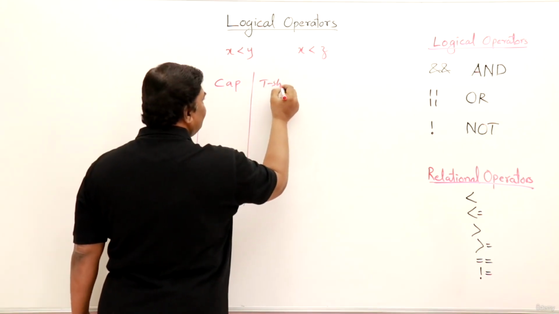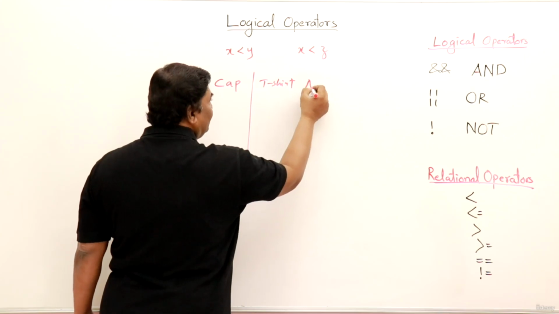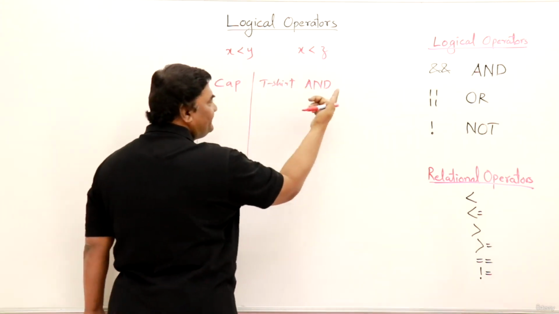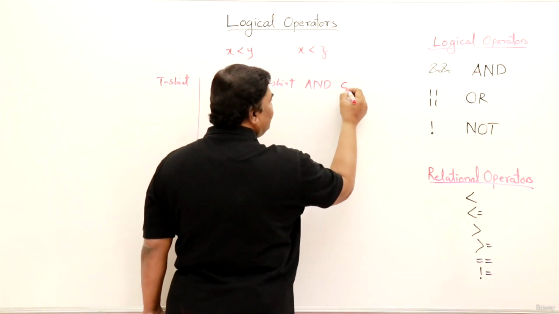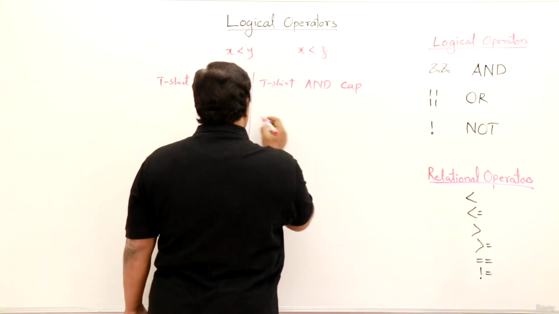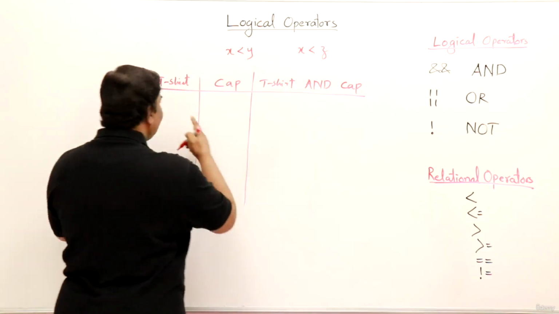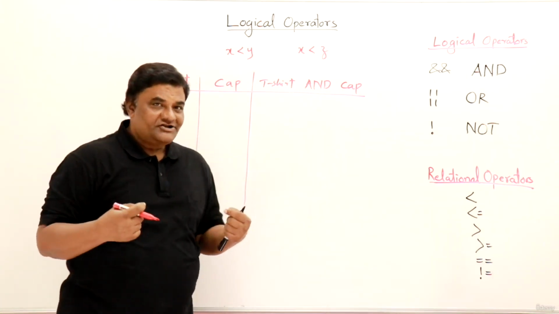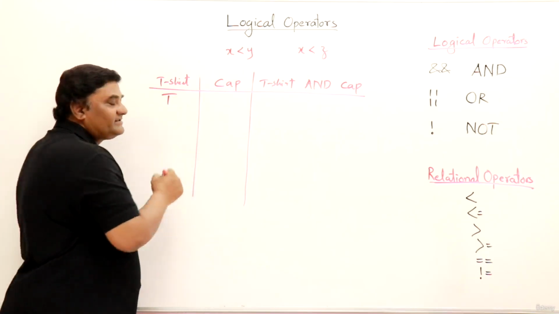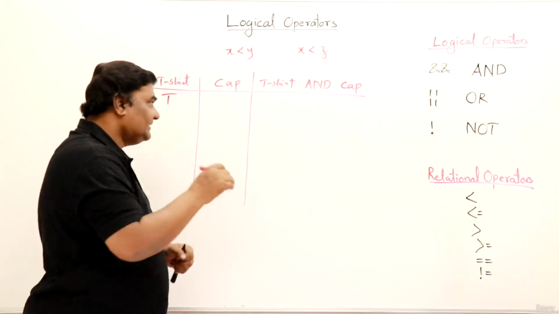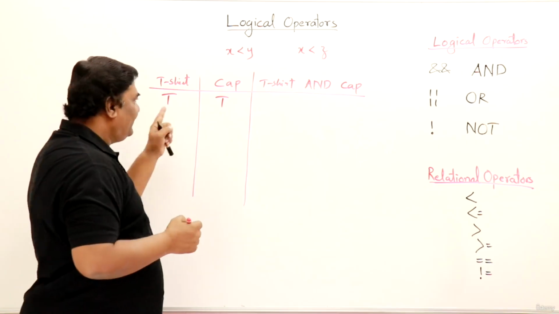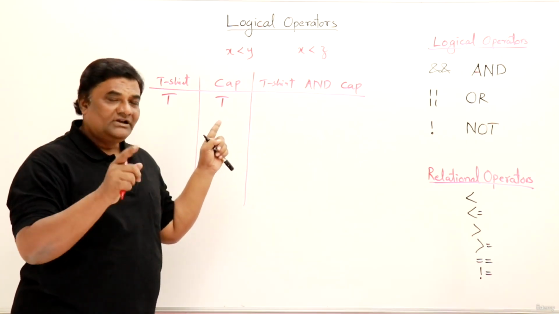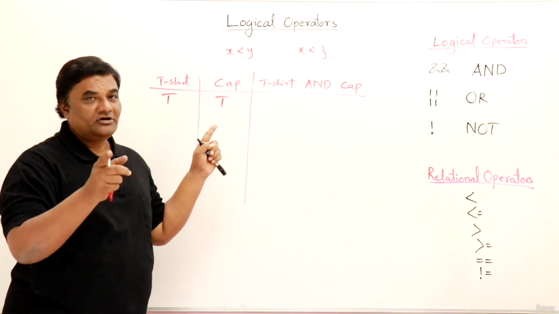So t-shirt is one statement and I will write that word and, instead of using an operator, since in C++ you have to use operators, right? Then this is cap. Now I have two statements. Look at this. I am wearing t-shirt, true. Suppose I am wearing cap, then also it's true. Then if I say I am wearing t-shirt and I am wearing cap, will the complete statement be true or false?